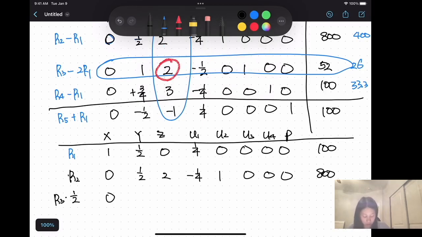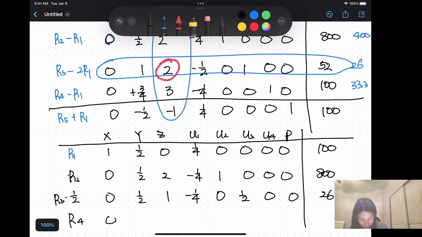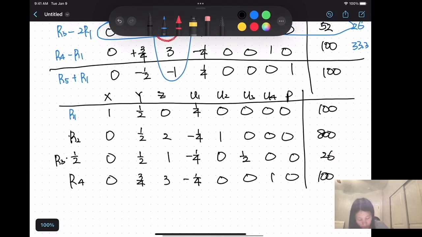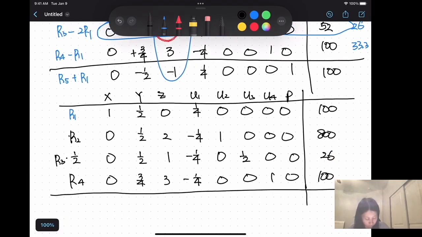So we have 0, 1/2, 1, negative 1/4, 0, 1/2, 0, 0, 26. Okay, so R4 remains the same. R5 is going to be the same for now.